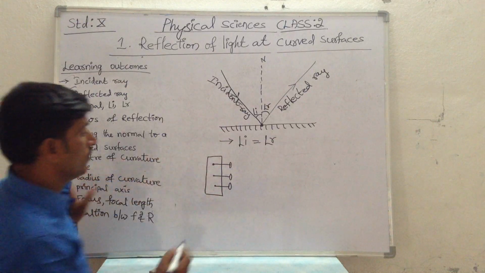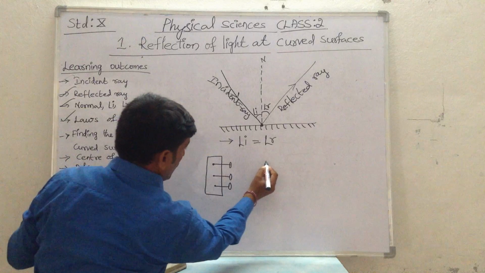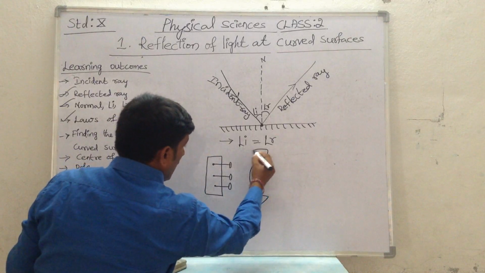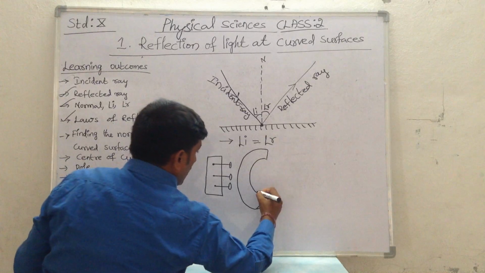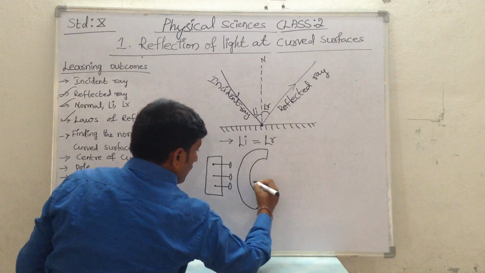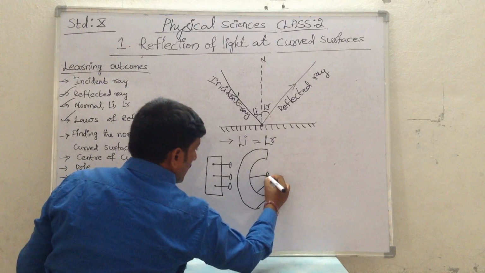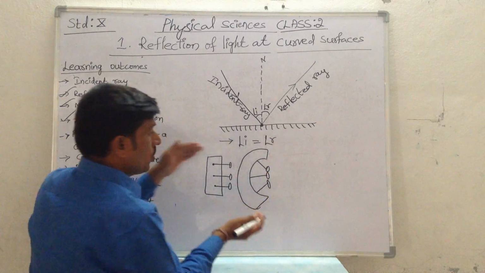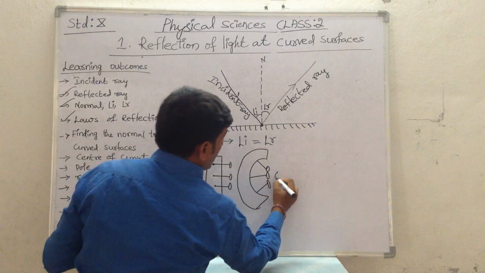Now bend the foam inwards like this. Here, if you bend the foam, the foam acts as a concave mirror, and you will see that the pins are converging. Converging means they are coming close together, that is, intersecting.